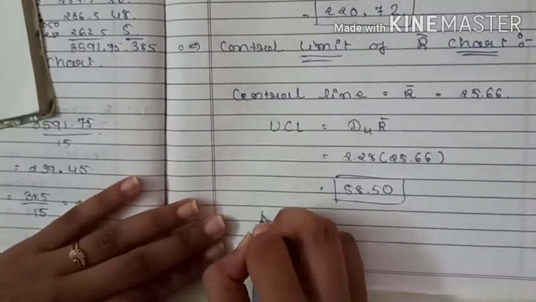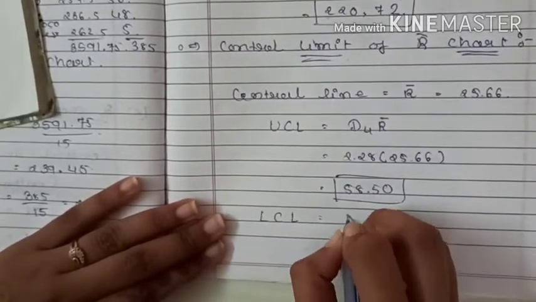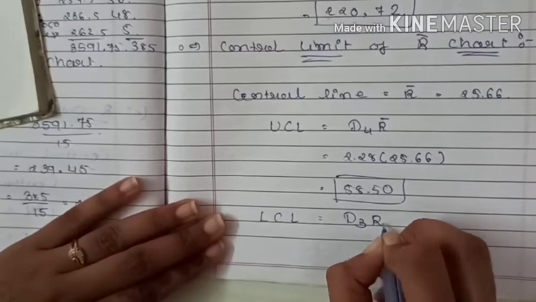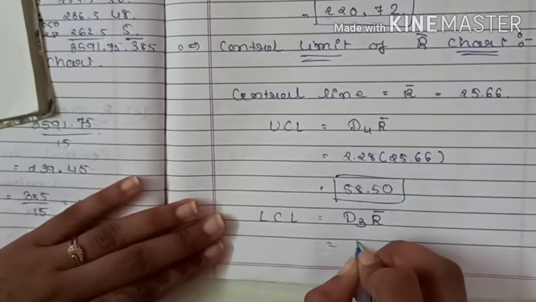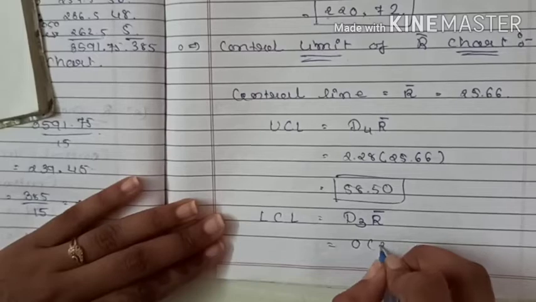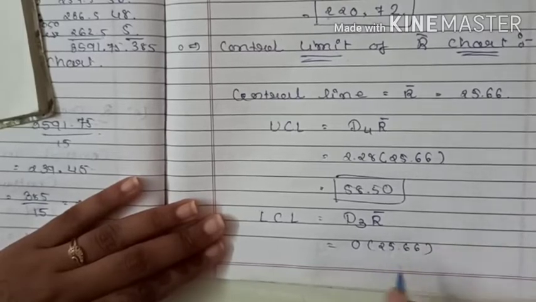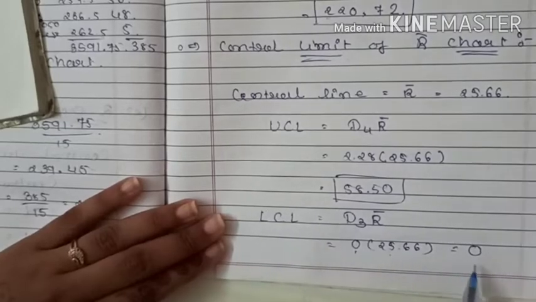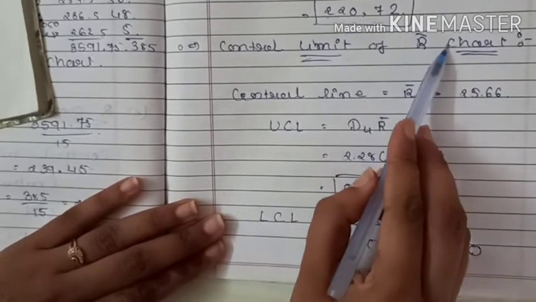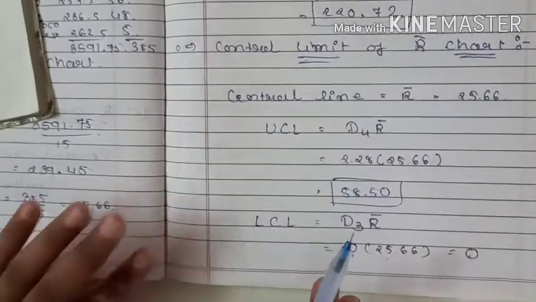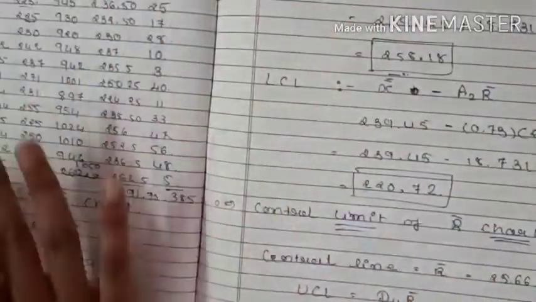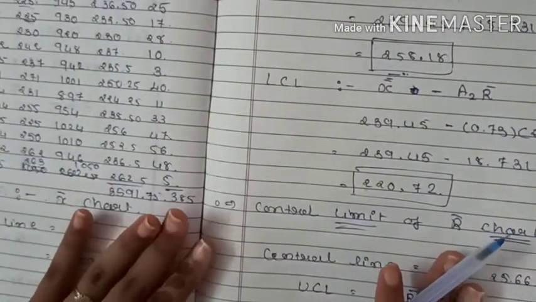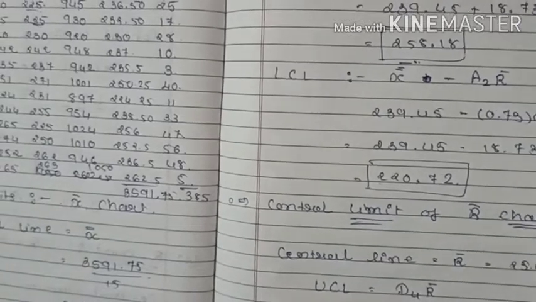Now lower control limit: D3 into R bar. D3 is equal to 0. Anything multiplied with 0, the answer will be 0. So lower control limit will be 0 for the R chart. Right? On the basis of all this calculation, we are going to prepare a chart. Let's see how we are making it.